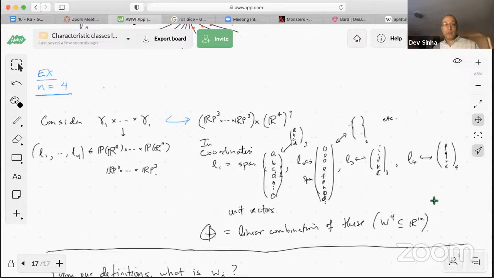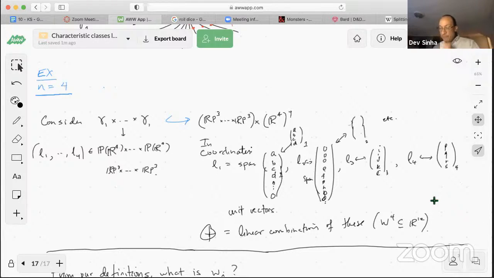And what I wanted to do was put coordinates on this. So really what we have is a space of 4 lines. We're then going to take their span to make the vector bundle. Those 4 lines, let's just call them L1 through L4. These are just 4 points, which gives you a point in the product of RP3 with itself 4 times. And let's give those lines names in full coordinates. I find that it is helpful to use coordinates.